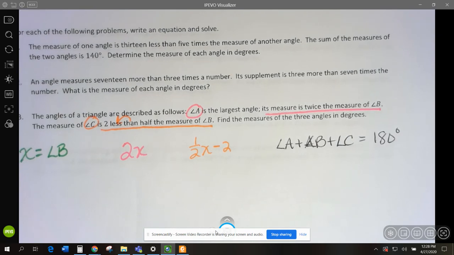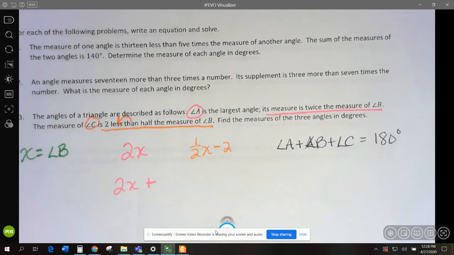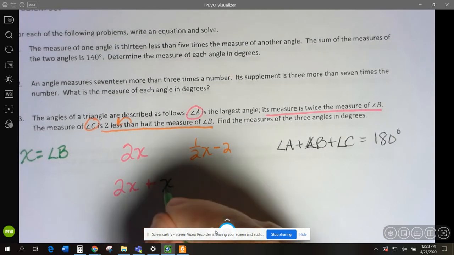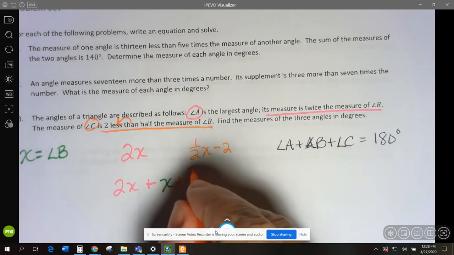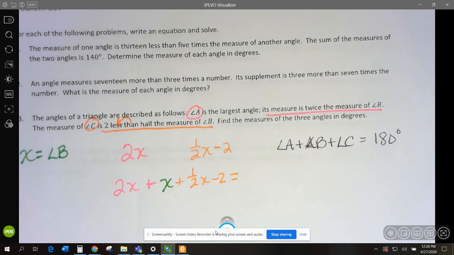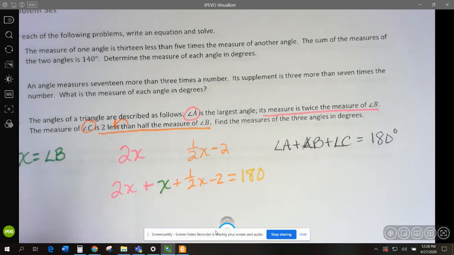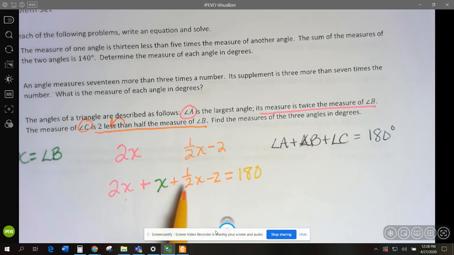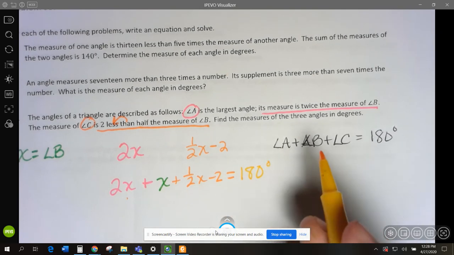So we have 2x is angle A plus angle B we're calling x plus angle C, we're calling 1/2 x minus 2, and this all should equal 180 degrees because of our triangle angle sum theorem.